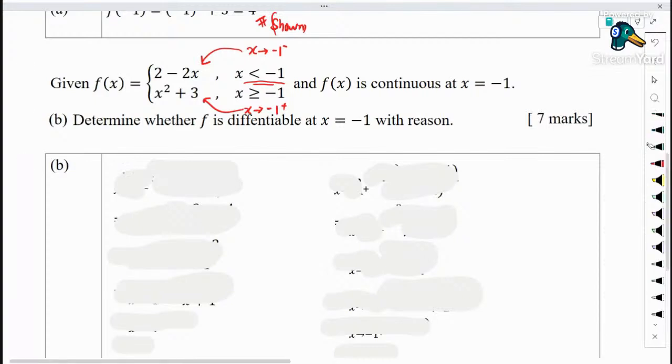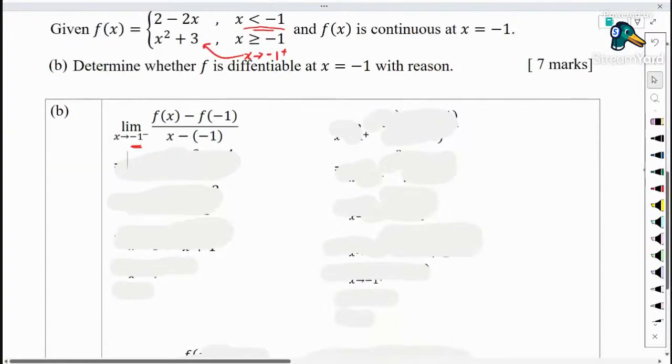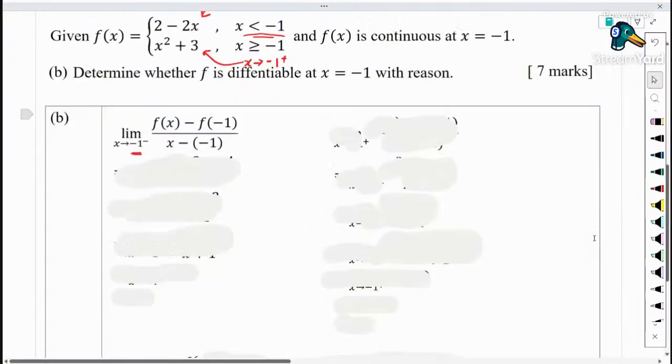And watch out, the limit is x approaching -1 minus. I start with the left-hand limit for the calculation of (f(x) minus f(-1)) over (x minus -1). So this is by the idea of the differentiability formula. In this case, we calculate the left-hand side limit. So we substitute the appropriate function.